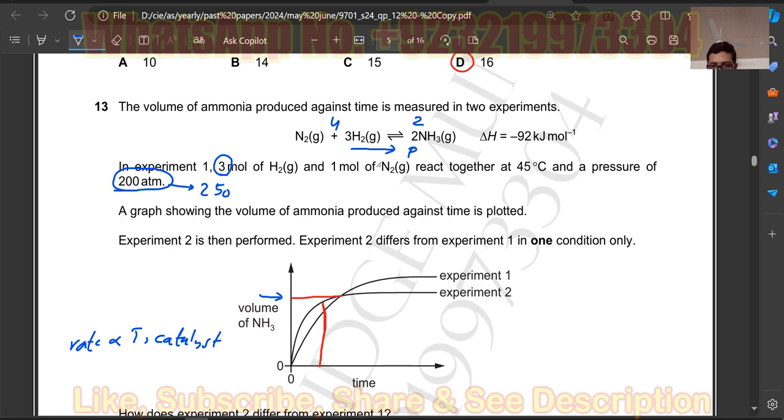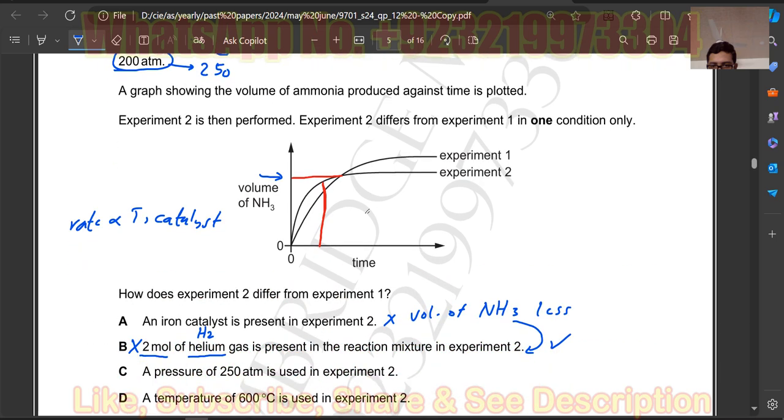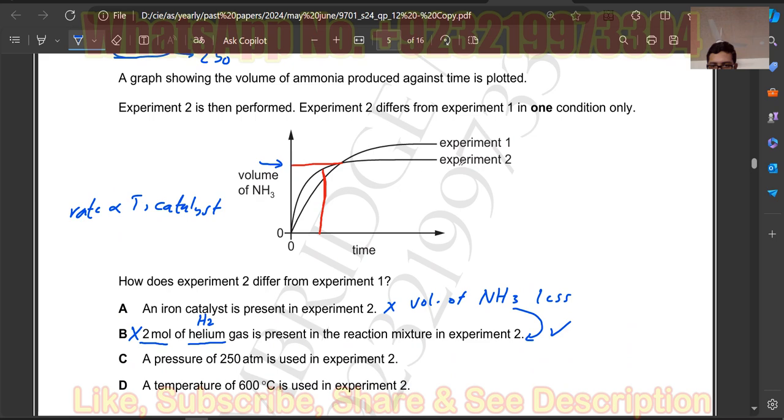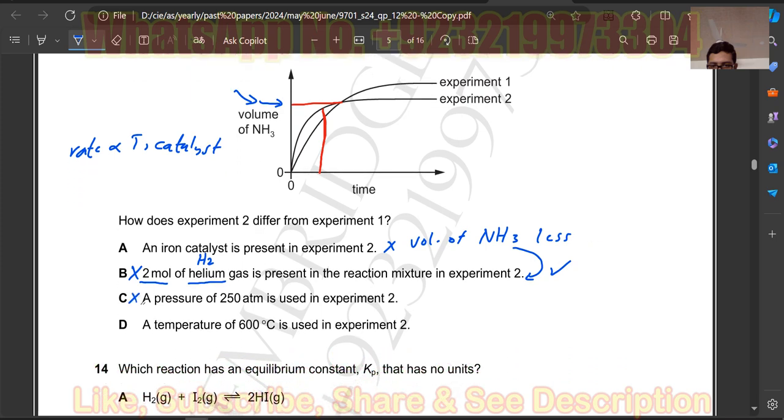That's Le Chatelier's principle: if we increase the pressure, the equilibrium will shift towards the side where there are fewer moles, or in other words less pressure, and it is shifting from left to right. On the right side, more ammonia is being formed. However, in the graph we see that there is less volume of ammonia in experiment number 2, which means that's again not the right option.